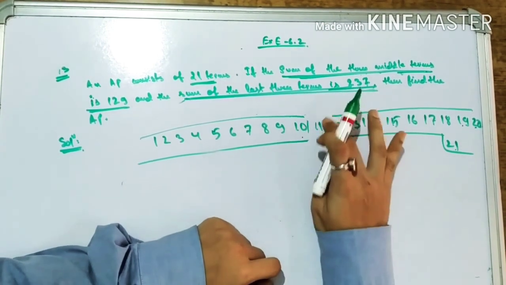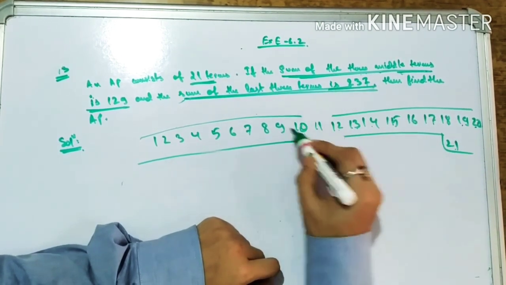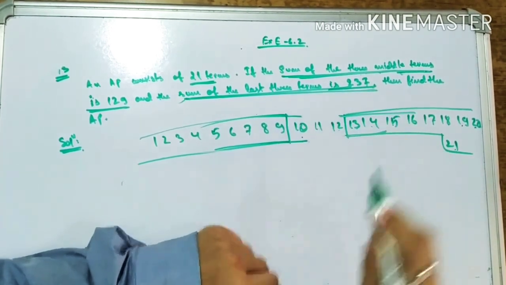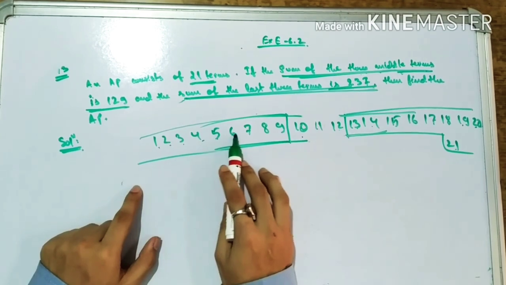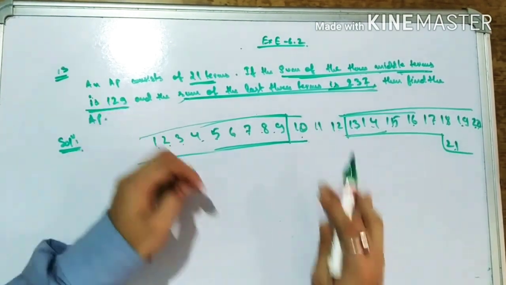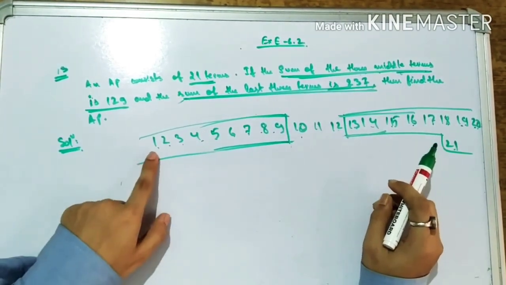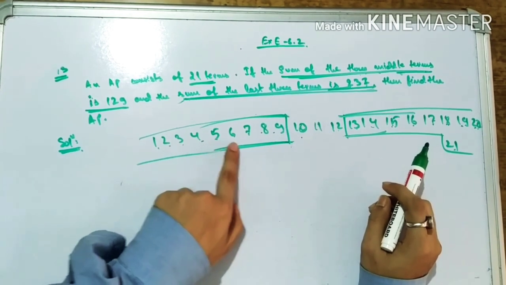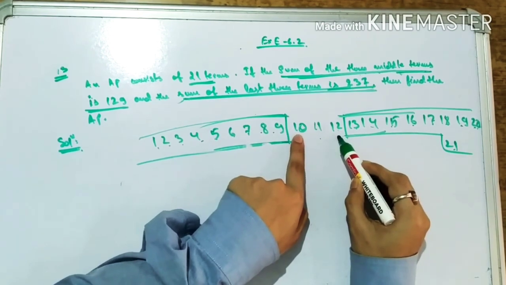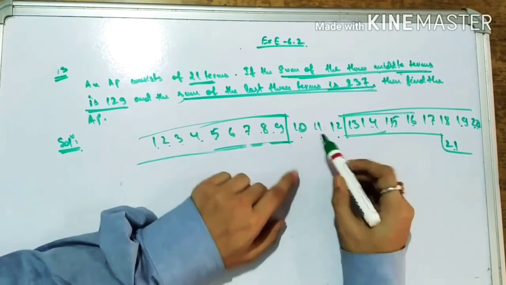Now you see the sum of three middle terms. These three middle terms will be, from here if I cut, 1, 2, 3, 4, 5, 6, 7, 8, 9. Understand? So this is our first term, second term, third term, fourth term, 5th term, 6th term, 7th term, 8th term, 9th term, 10th term, 11th term, 12th term. Yes, in here the term and the number are matching, no problem.